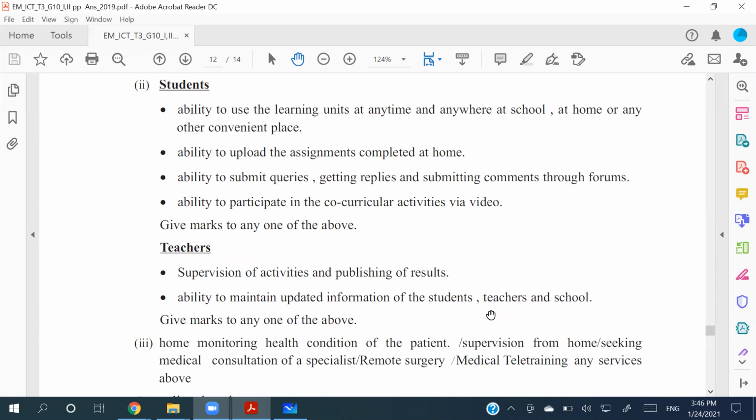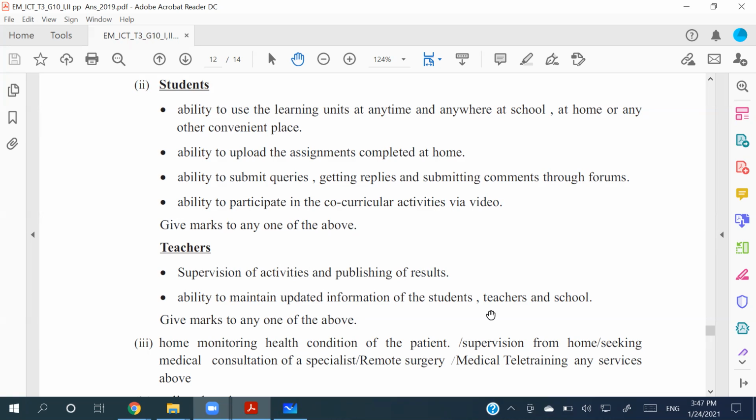If you got any alternative answers, just let me know. Gaining knowledge through online websites. That is going to be a problem, because they are talking about an LMS. So we have to say LMS-specific benefits.